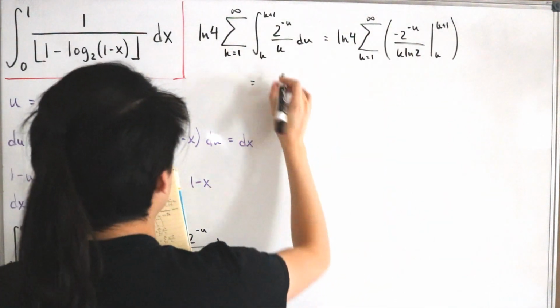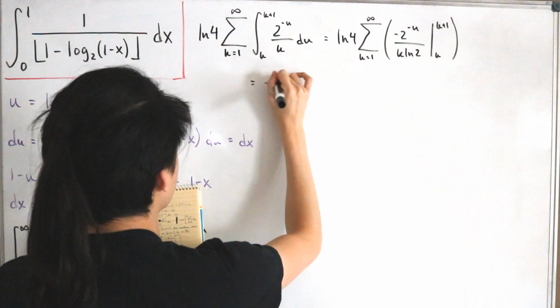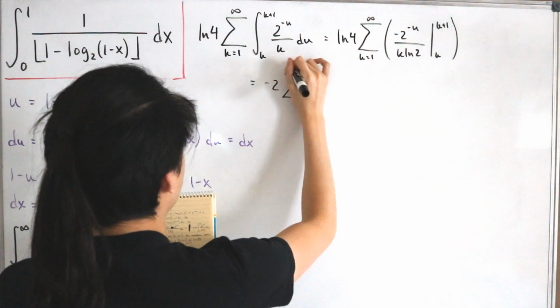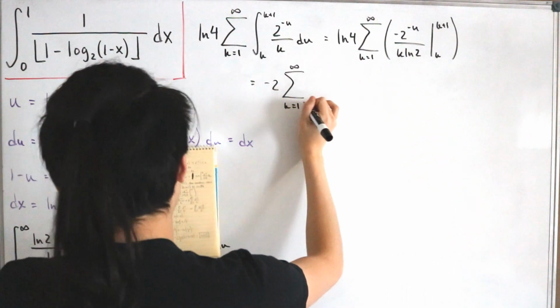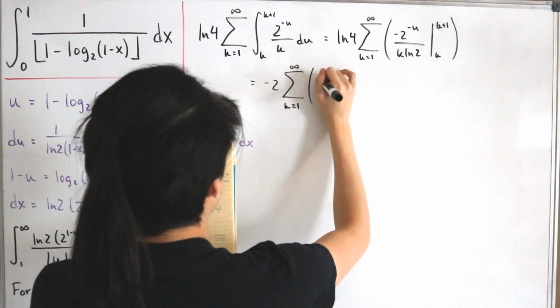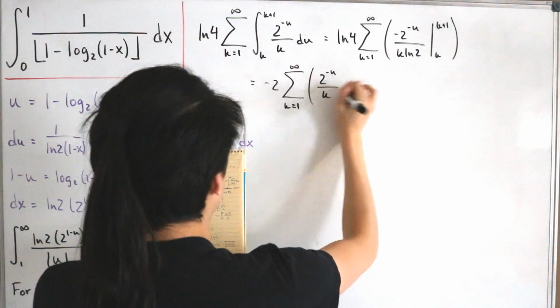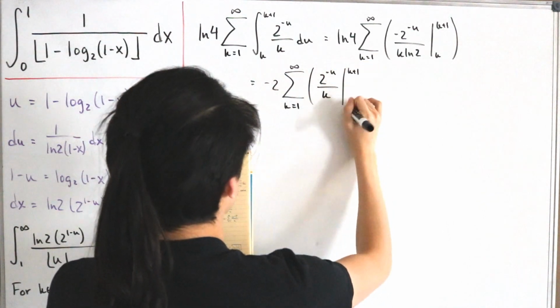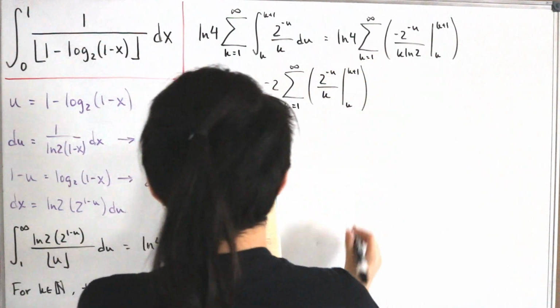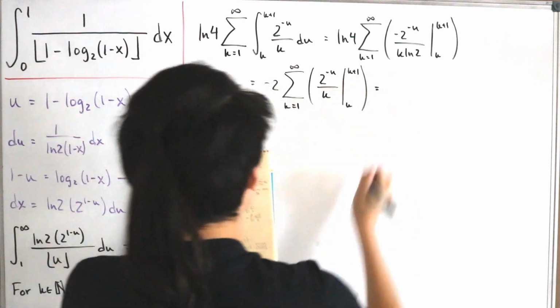But we can also factor out that negative from over here, so it becomes negative 2, and then we have our infinite sum, and all we have left now is positive 2 to the negative u, divided by k. Evaluate from k to k plus 1, which is pretty standard to see that it's just plugging in and then subtraction.